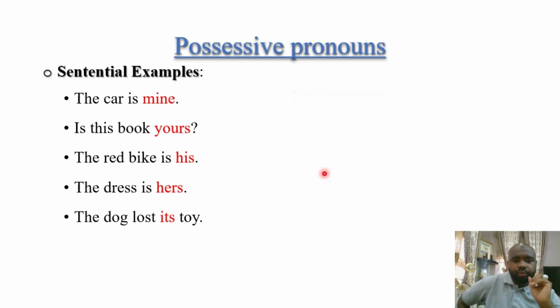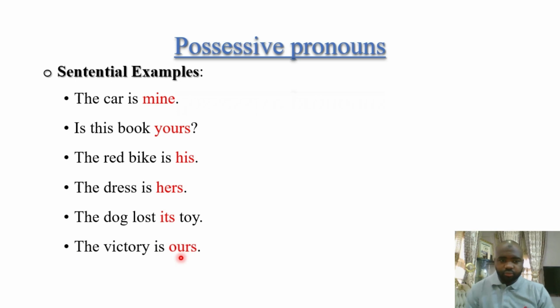So now, looking at these examples here, we see that the possessive adjectives there, they come in the what? Subject position. Whereas possessive pronouns here, they come in the object positions, right? The victory is ours.